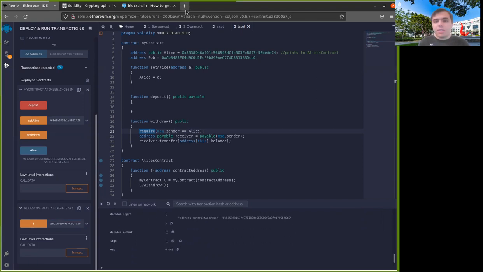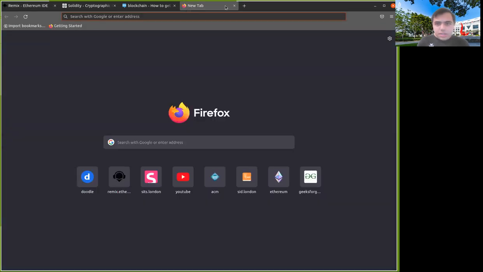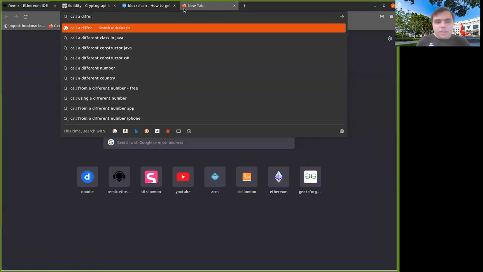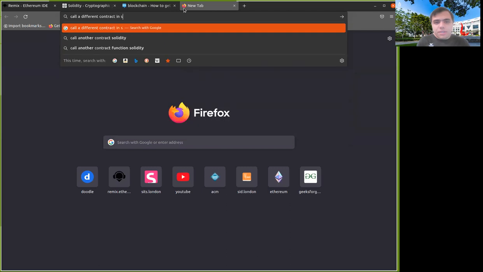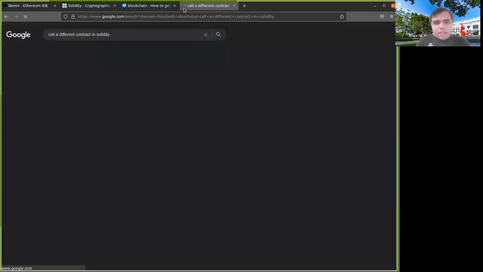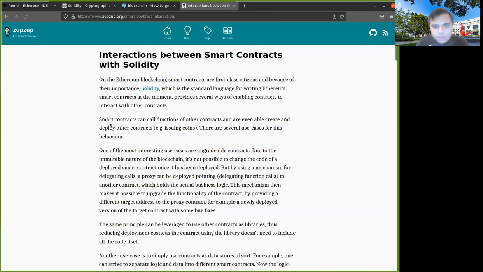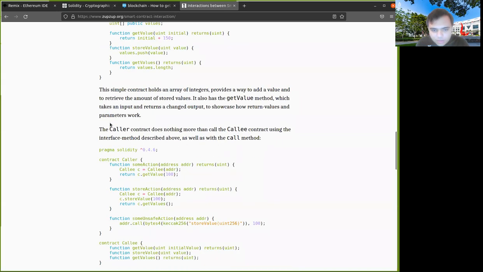Okay, so maybe again I have a problem with this version of Solidity. So let me see. Call a different contract in Solidity. They changed things in version 0.5, so it is possible that I'm calling the contract in the wrong way.